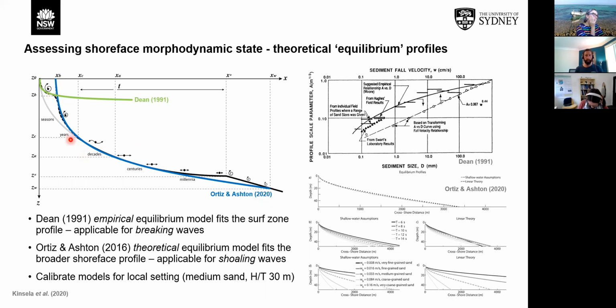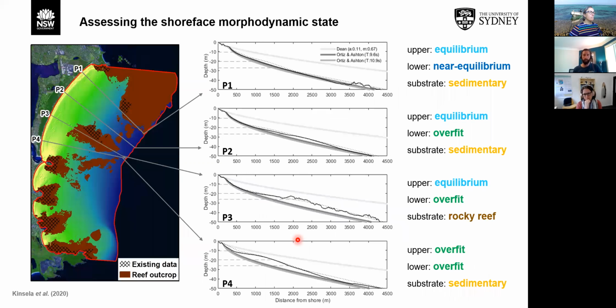Another finding here was that the Ortiz and Ashton model fits when you apply it beyond the surf zone. So if I was to fit this profile through the origin or the shoreline, it then wouldn't fit our profile well. And I'll show you some examples of that now, of this process of assessing morphodynamic state.